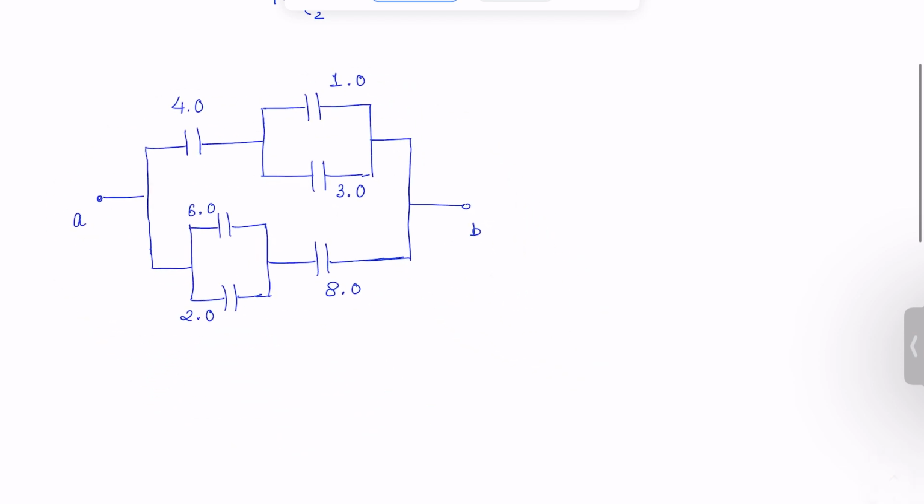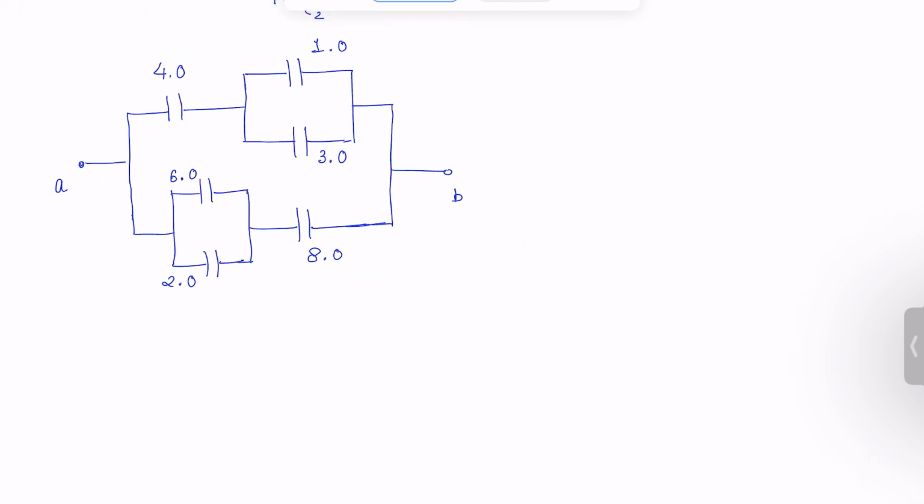Alright, so if you look at these two guys, 1 and 3 are capacitances of these capacitors. I'm going to make 1 and 3 right here separately from the diagram. So 1 is right here, and then 3 is right here, right?